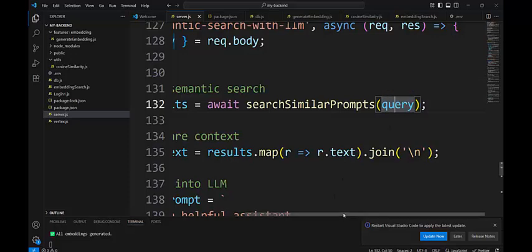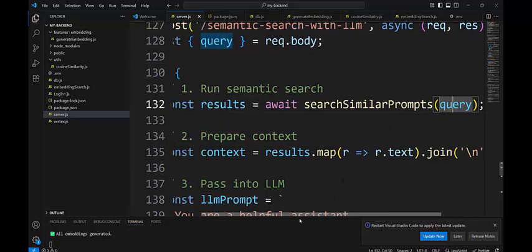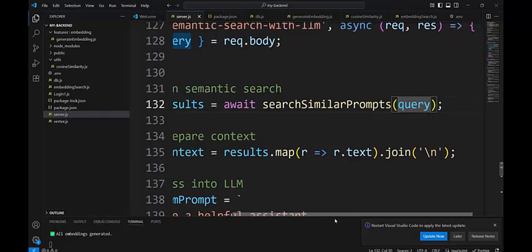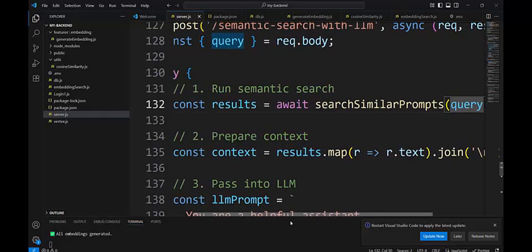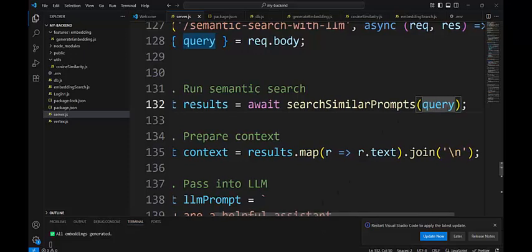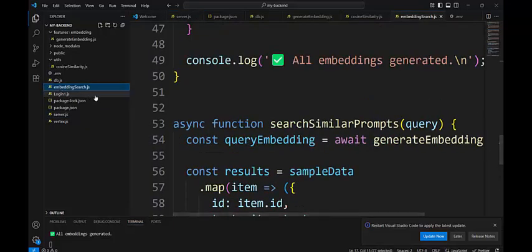But before, we have embeddings for our data, and in search similar prompts, as we just saw, we have cosine similarity. Okay, let's see search similar prompts.